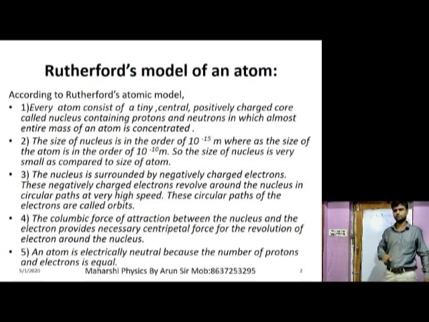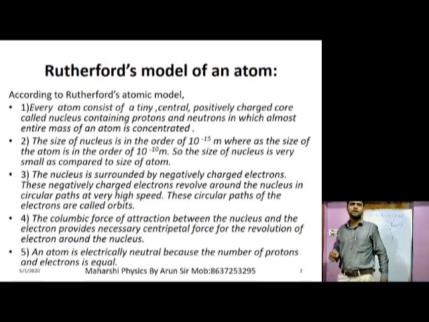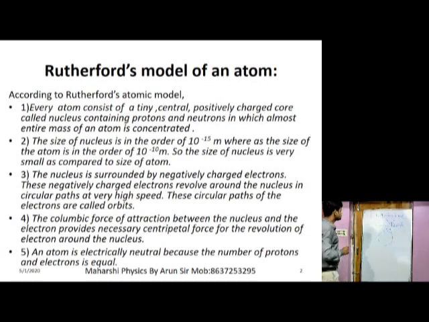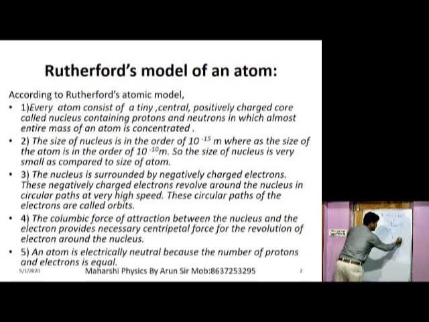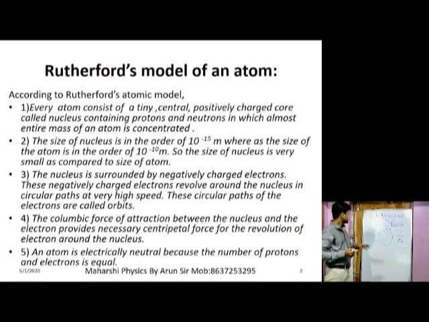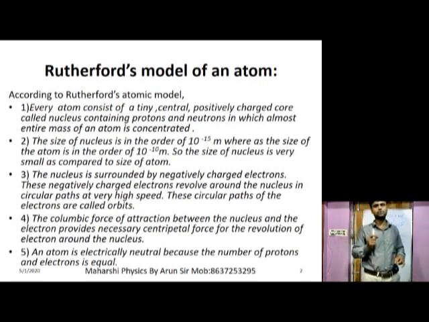Then the second postulate is that the size of the nucleus is of the order of 10 to the power minus 15 meter, and the size of the atom is of the order of 10 to the power minus 10 meter. So, the size of the nucleus is very small as compared to the size of the atom.